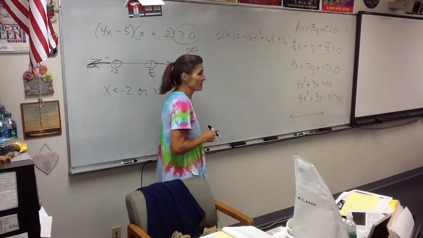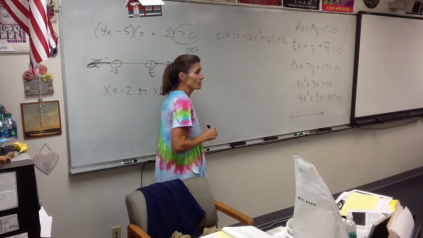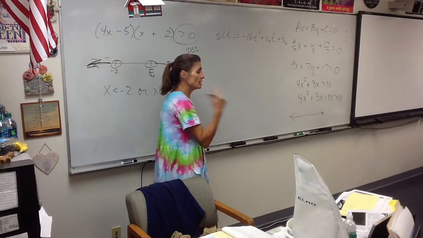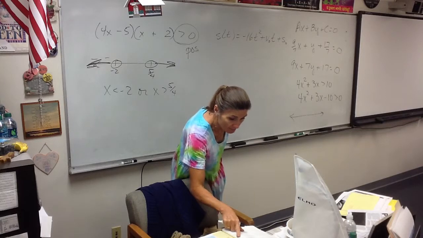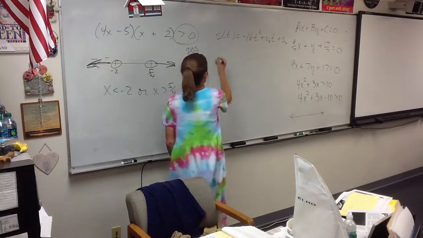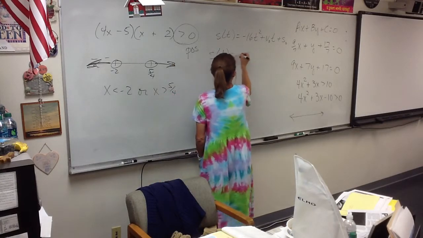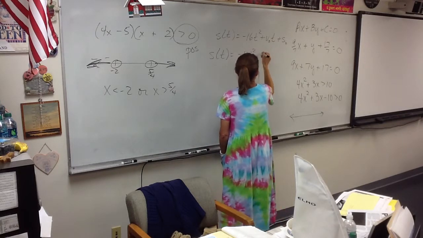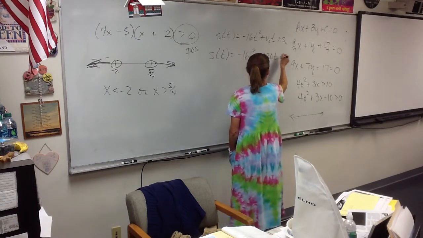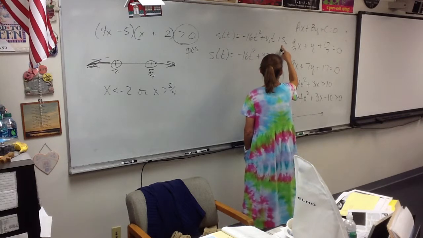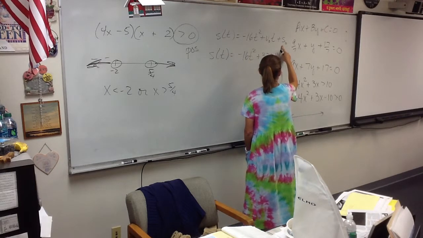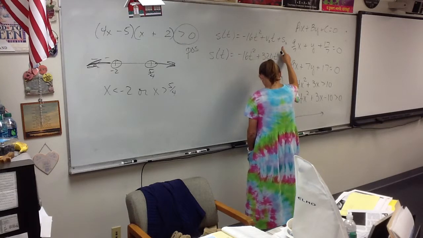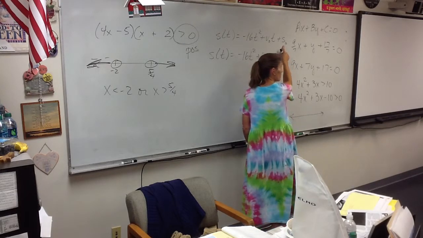So how does that help me? Straight up from the ground, initial velocity of 320. What do I put in here? 320. What do I put in here?